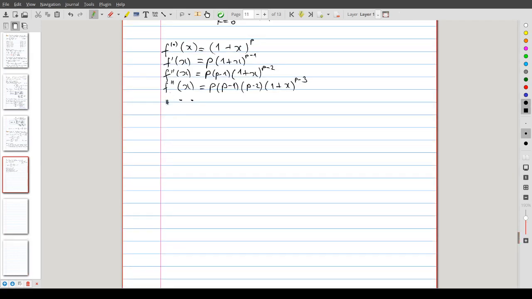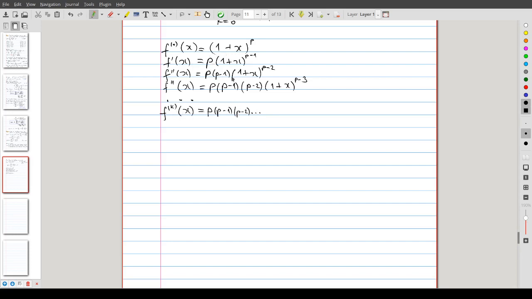And then the kth derivative, which we need to compute, will look like so. It will consist of the product p times p minus 1 times p minus 2 and so on. How many factors will we have here? Well, each differentiation adds a factor.